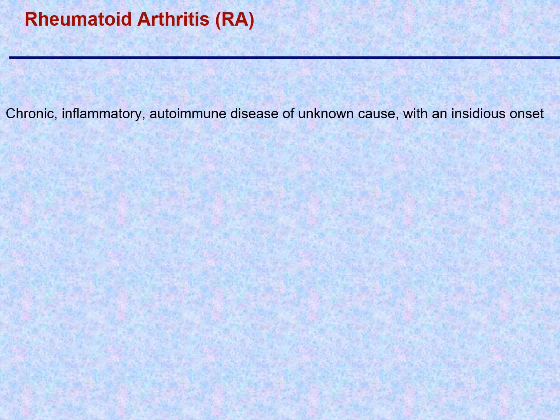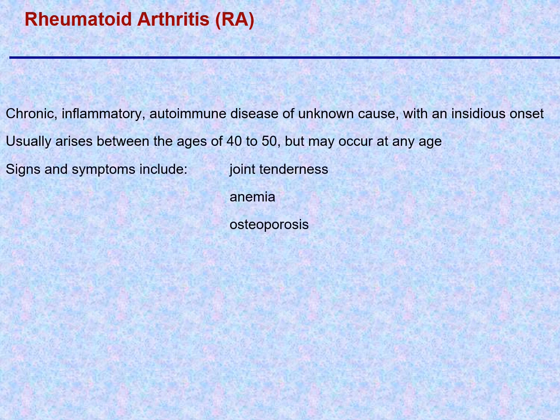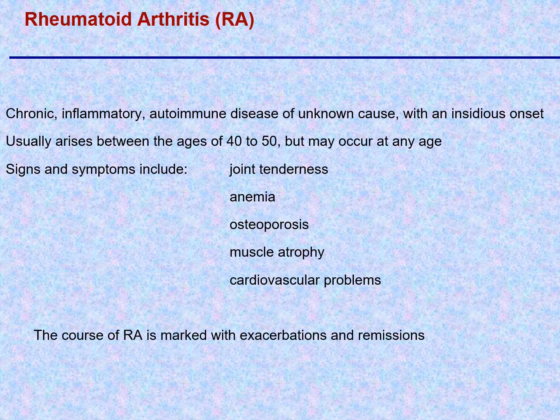The second type of chronic, commonly occurring, not as common as osteoarthritis, is rheumatoid arthritis. Again, as I said, it's an autoimmune disease, unknown cause. The onset can be quite insidious. It can come on with some unusual symptoms.